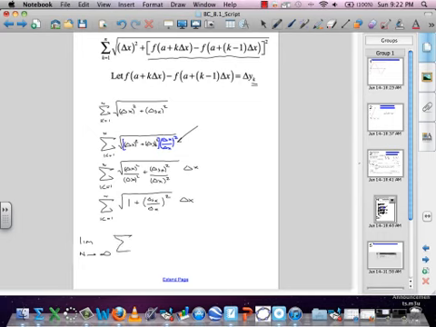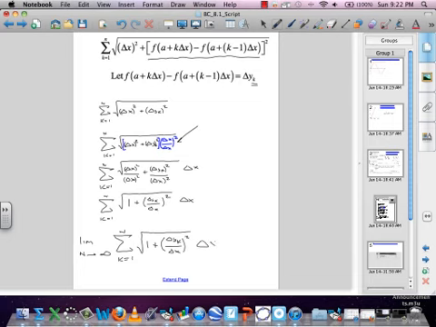Well, the sum of all these pieces starting at 1, stopping at n, of the distance of the line segments that they create, which is 1 plus delta y sub k over delta x, that quantity squared, times delta x.